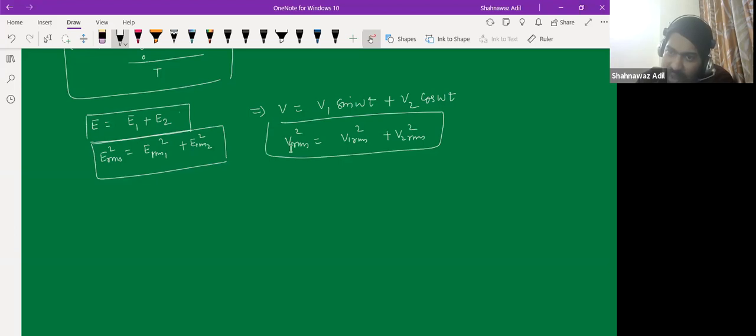And what is V1 RMS? V1 RMS is V1 by root 2, and V2 RMS is V2 by root 2.